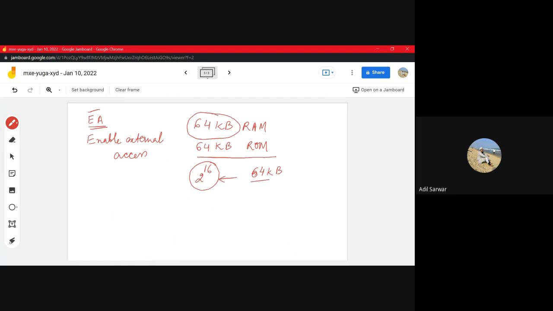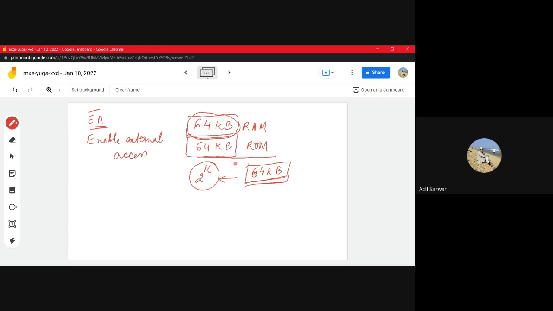Exactly speaking, it is something like 65,000, but we refer to it as 64 kB, 64,000 bytes. So that means I can access 64 kilobytes of RAM and 64 kilobytes of ROM.